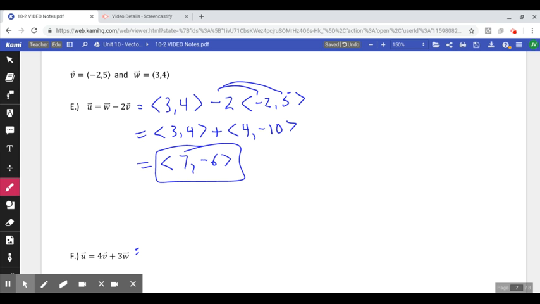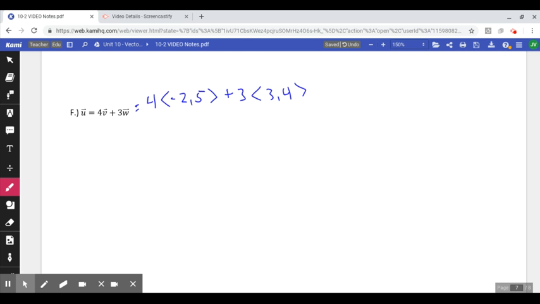And then finally in part F, we have a few scalar multiples, and I'll write this out for you. 4 times vector v is -2, 5. Just remember to keep track of your letters. And then we've got 3, another scalar multiple, times vector w, which is 3, 4.